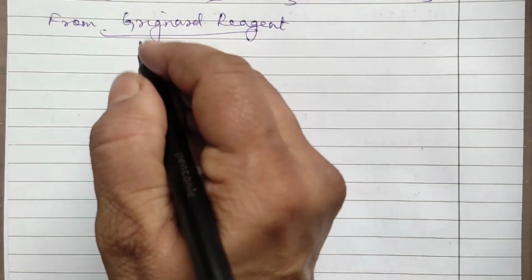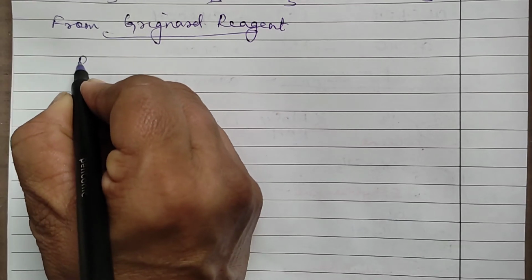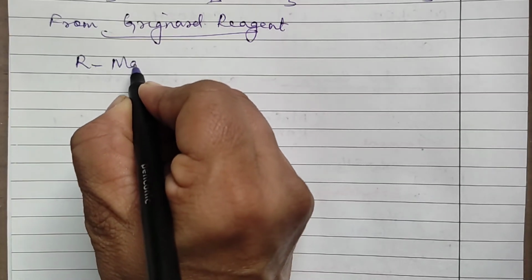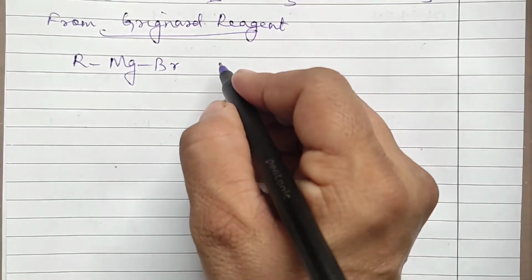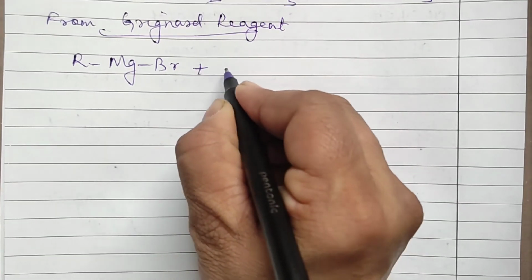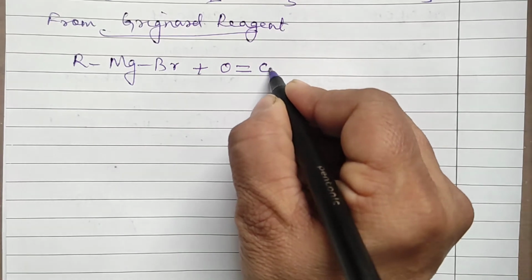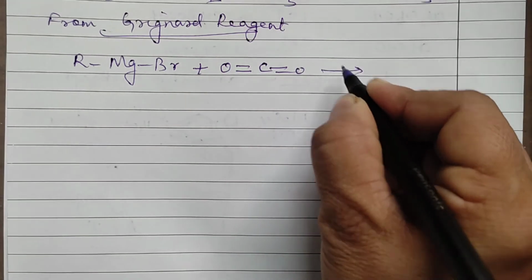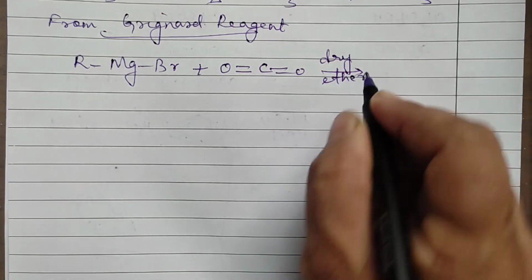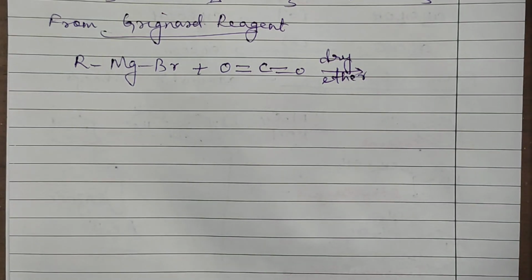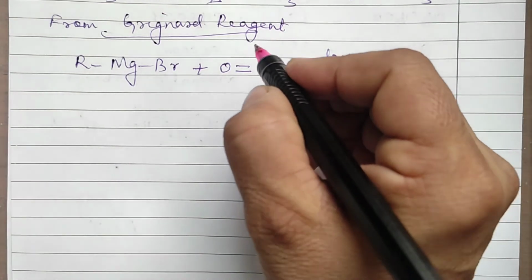Now, how from Grignard reagent you can have, say I am writing RMgBr, alkyl magnesium bromide. Now, if this is treated with carbon dioxide in the presence of dry ether, this part we have done in carbonyl compounds also.